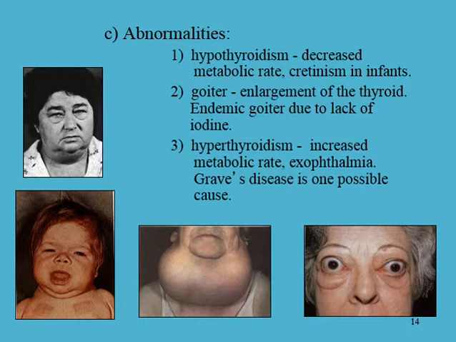There are numerous causes of hyperthyroidism. One of them is a condition called Graves' disease. Graves' disease is an autoimmune disease. We're going to talk about another autoimmune disease in a few minutes, diabetes.